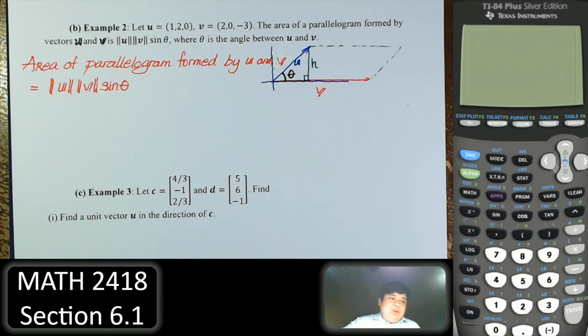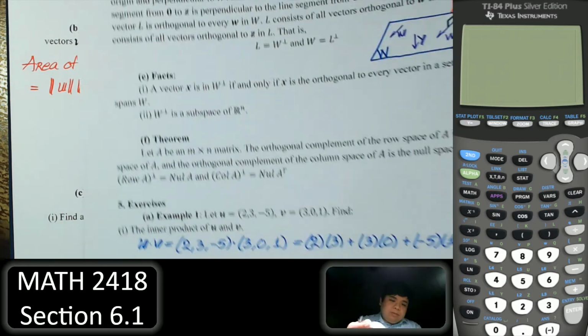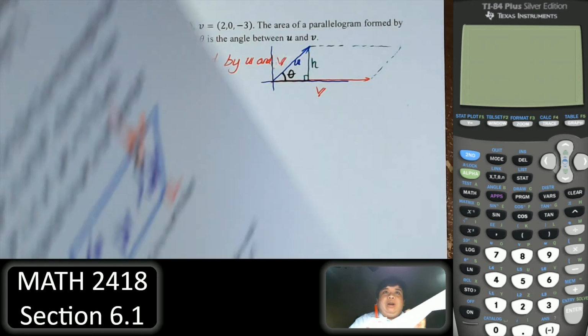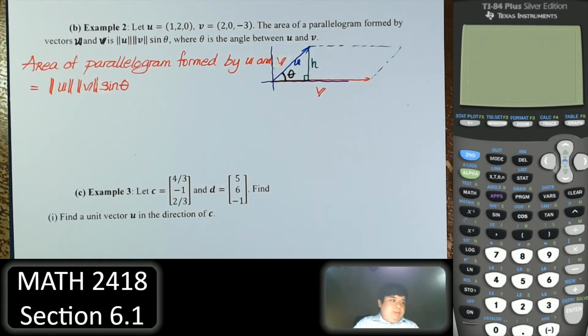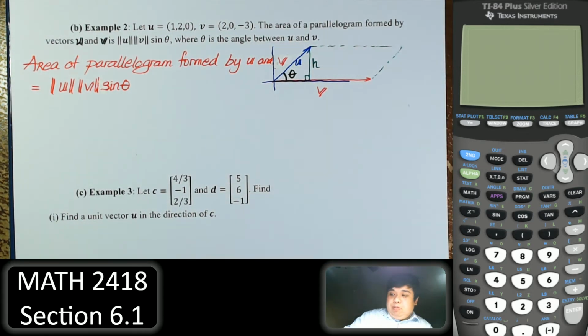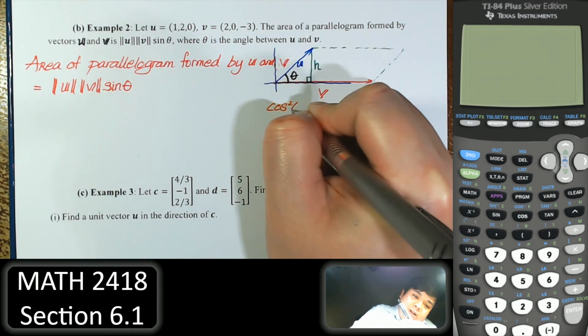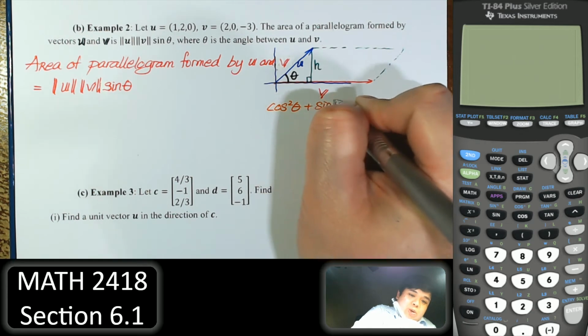How does that relate to the dot product? Well, the dot product involves cosine. So how do we relate sine and cosine? By the Pythagorean identity, right? Cosine squared plus sine squared is equal to 1.